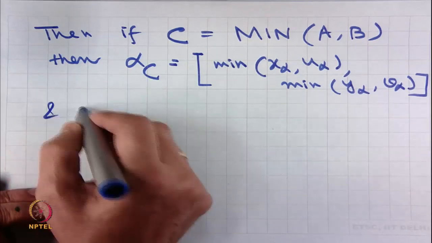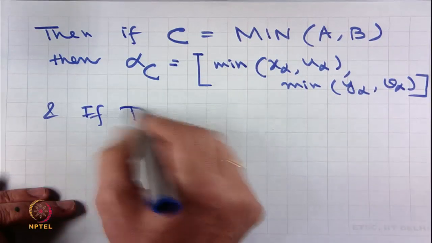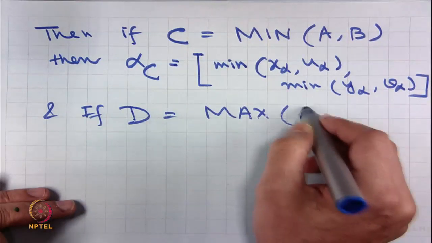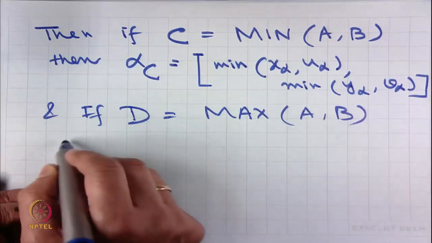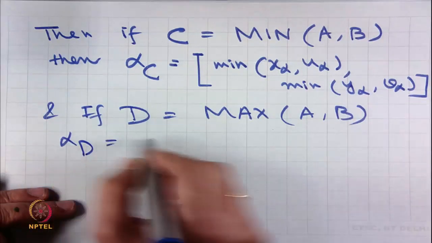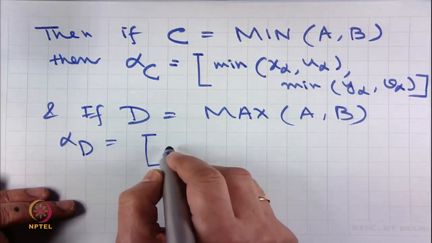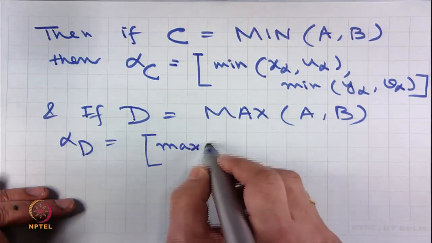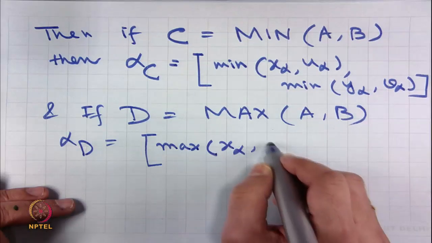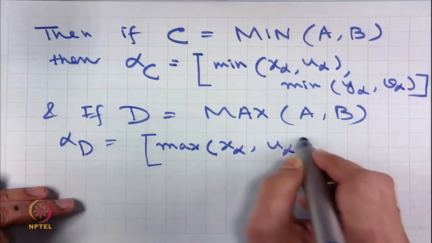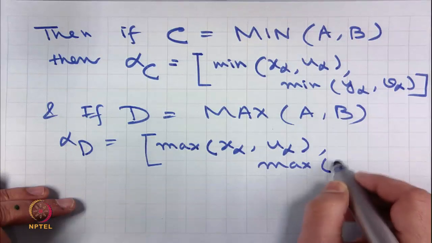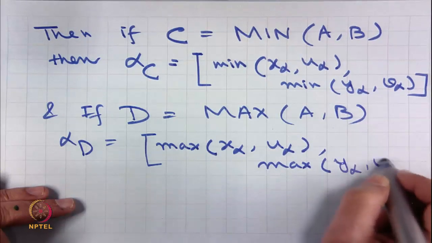And if D = max of A, B, then alpha cut of D is [maximum of x alpha, u alpha; maximum of y alpha, v alpha].